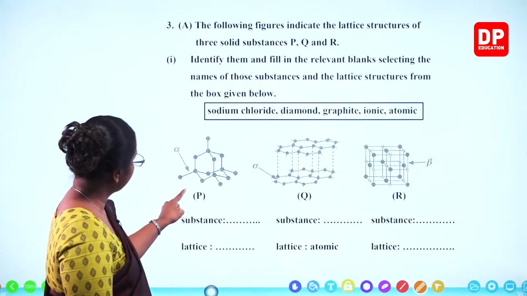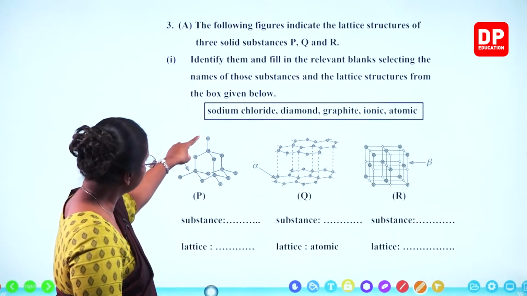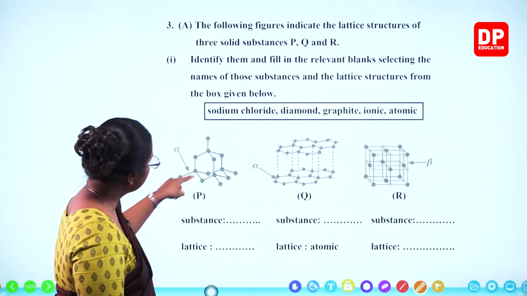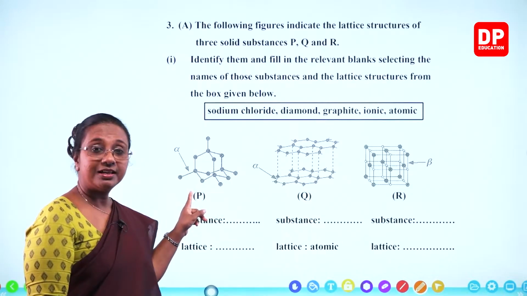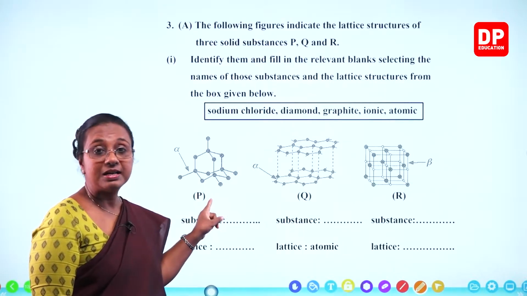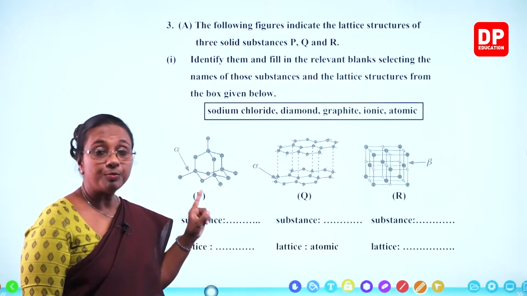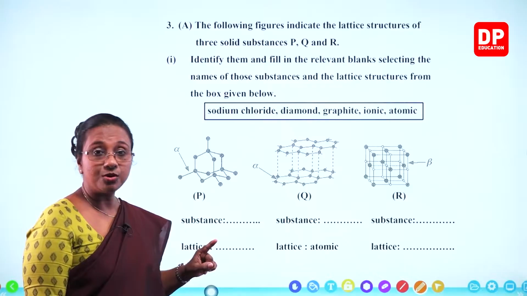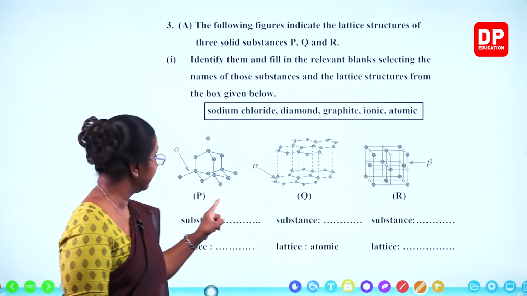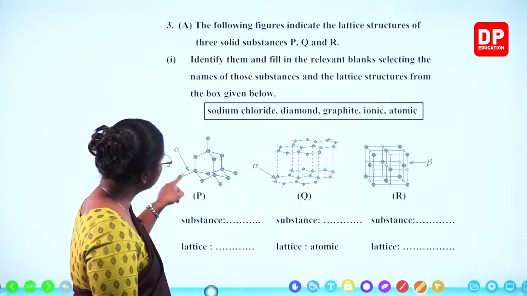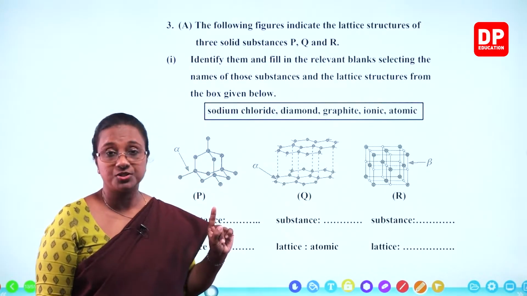Look at this first one. There is one atom bonded with four other atoms in a three-dimensional array. Immediately you can recognize this as the diamond lattice. It is an allotrope of carbon, a crystalline allotrope. This is a diamond lattice and it is an atomic lattice. And you know these bonds are all covalent bonds.